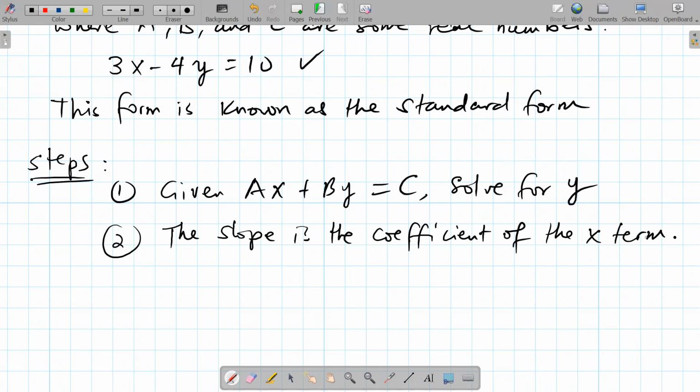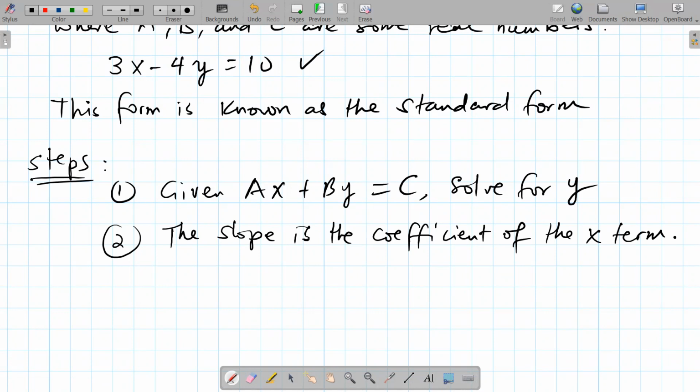Note that you got to first solve for y. Once you solve for y, you then take the value in front of your x, and that represents your slope. So do not just pick the coefficient of x right from the beginning and say, okay, this is the slope. No, first solve for y.